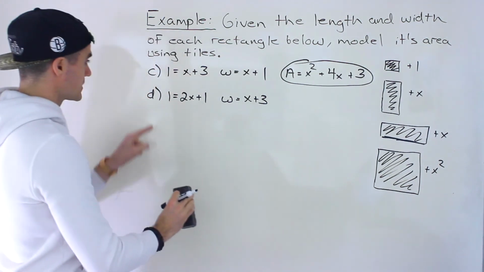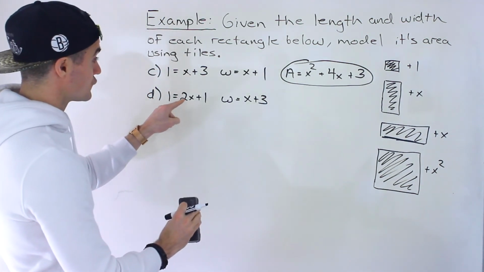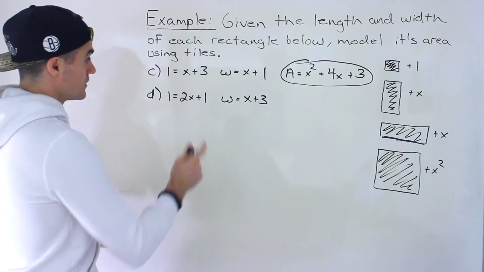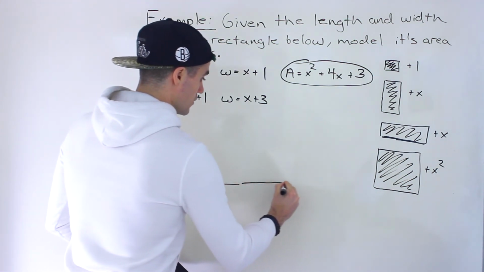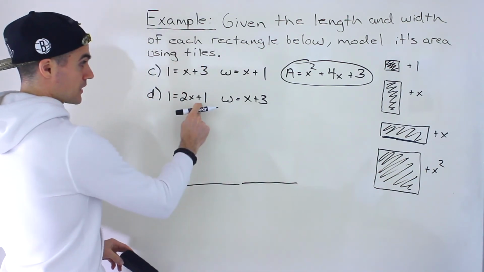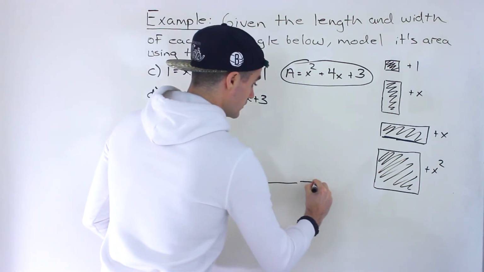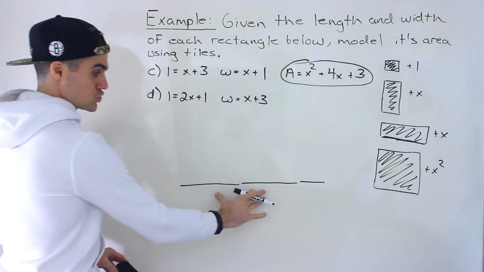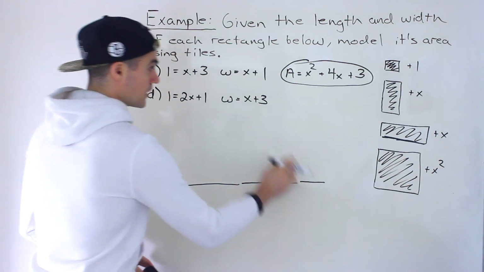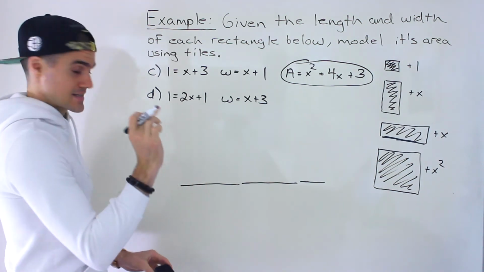And now finally, the rectangle in part D, we have a length of 2x plus 1. So notice now, for the length, there's going to be 2 of these long lines, and we're going to have a plus 1. So we're going to have one of those short lines. 2x plus 1, and then notice the width is x plus 3.